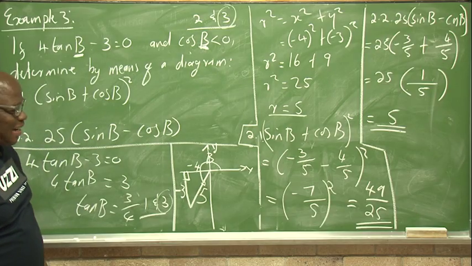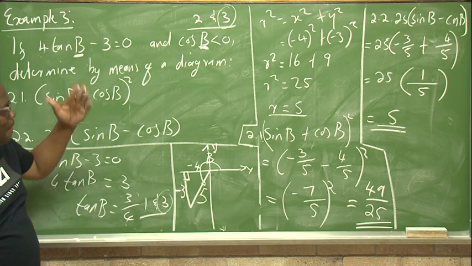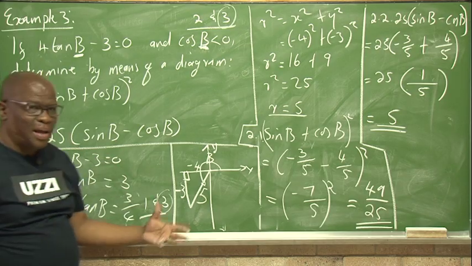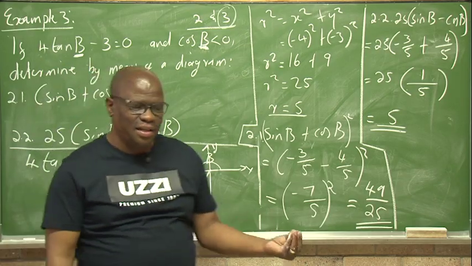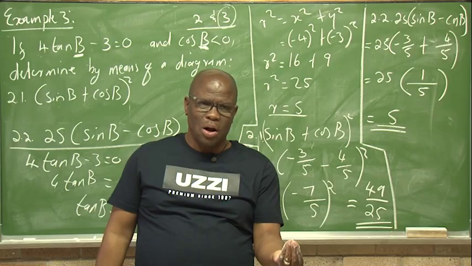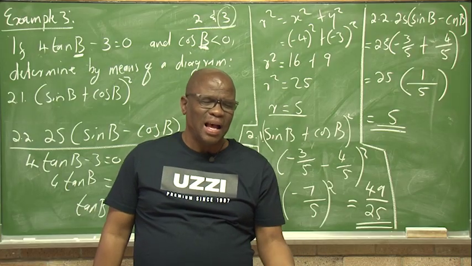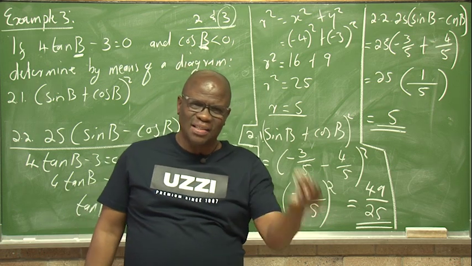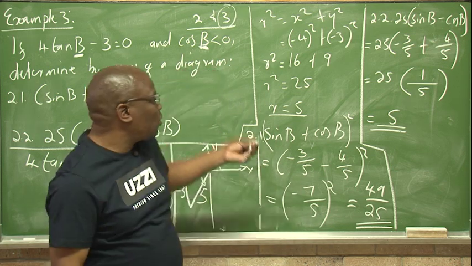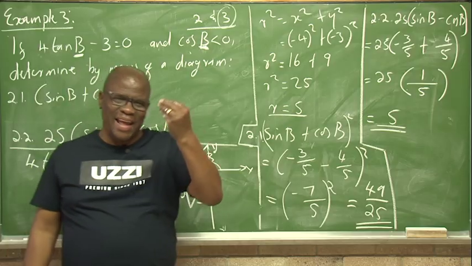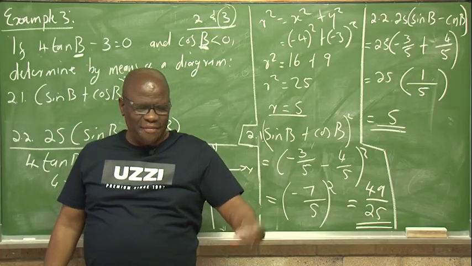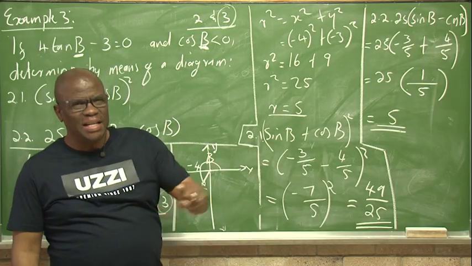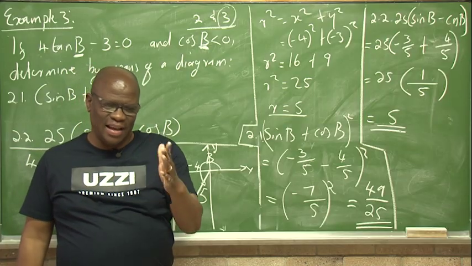These are identities involving Pythagoras theorem. And like I said at the beginning of the lesson, the critical concept to know is the CAST diagram. Know the CAST diagram by heart, because it will enable you to identify the quadrant in which the trig ratio is negative.